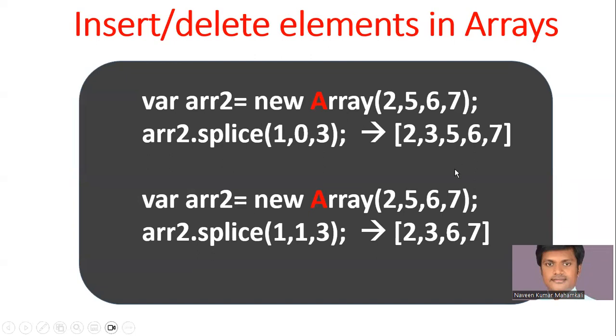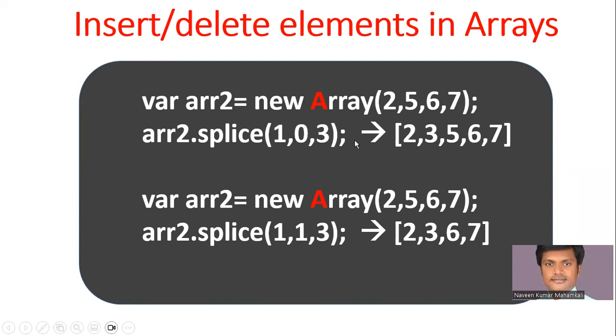Have a look here. Array2 has been created with 4 elements: 2, 5, 6, 7. I am now calling the splice function, array2.splice(1, 0, 3): at index 1, 0 elements to be deleted from this index, and the element to be inserted is 3. 3 should be inserted at 1.